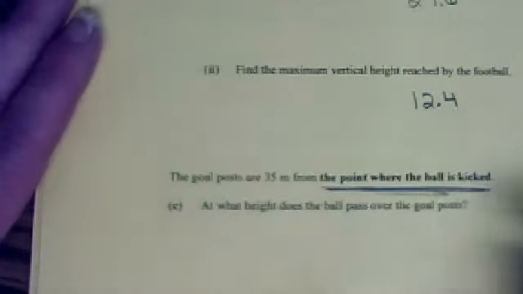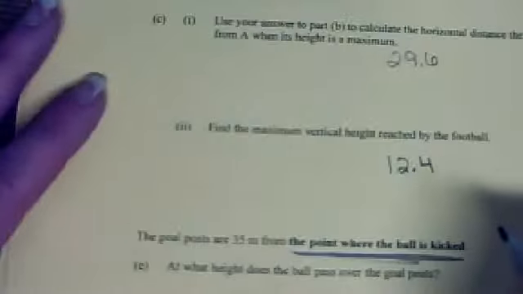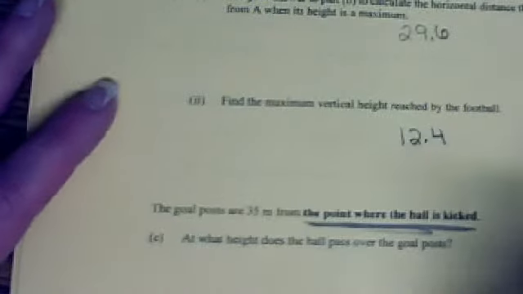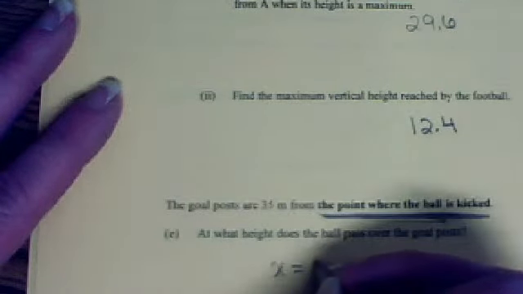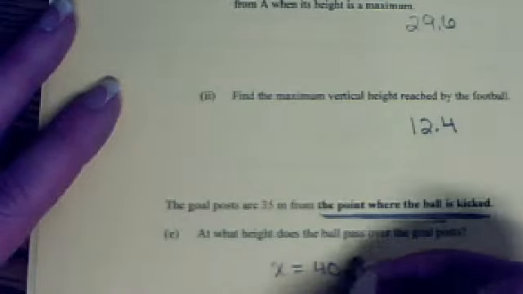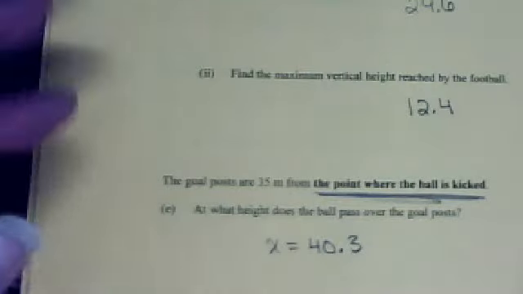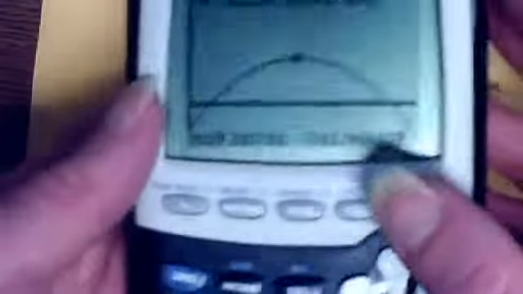The goalposts are 35 meters from the point where the ball is kicked. It was kicked 5.3 meters from the origin. So, we want to know what the height is when x is 40.3. You can actually do that on your trace.